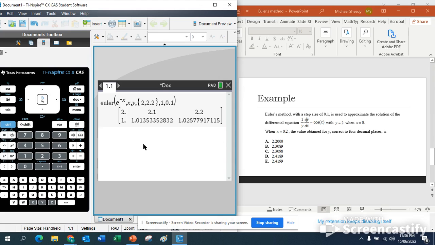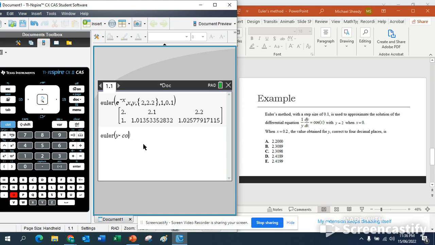Okay, so moving over to our CAS, we type the word Euler, followed by the expression for the derivative. So when we look at the question again, we will actually need to multiply both sides by y. So we would have dy/dx equals y multiplied by cos x.